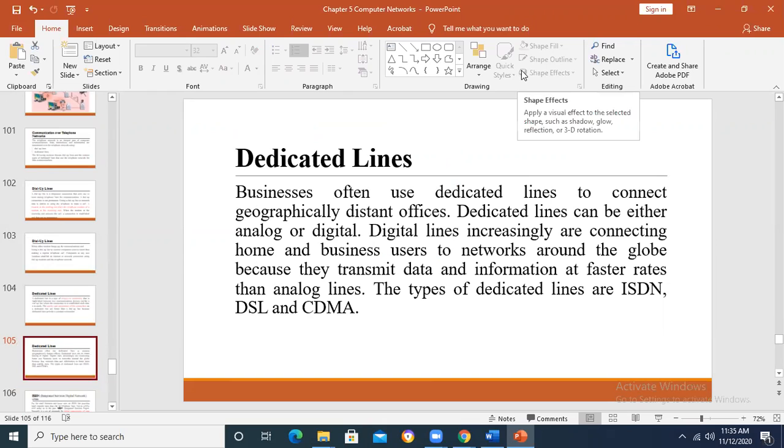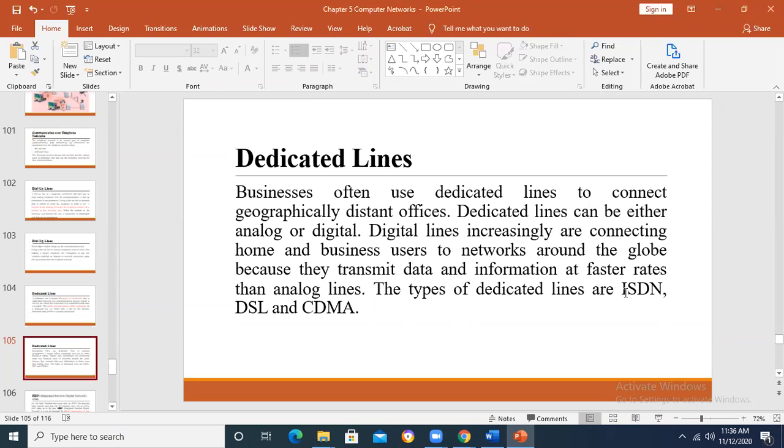And it has more advantages. It has a number of advantages over the traditional dial-up telephone line, where we use a dial-up modem to connect. And we said that in dedicated telephone lines, with the passage of time, we had multiple options.